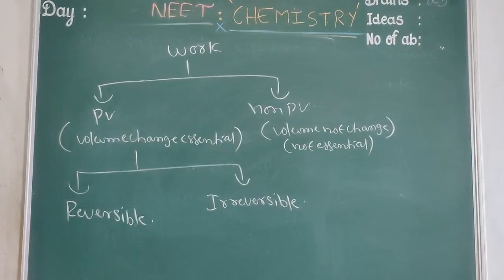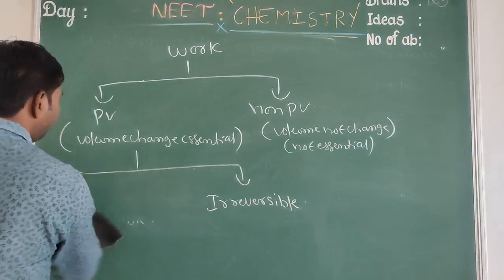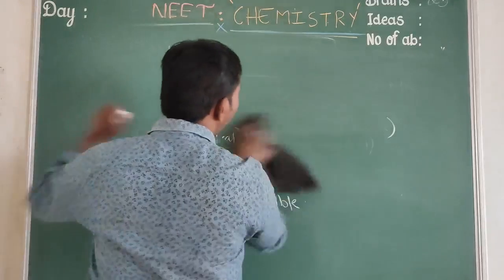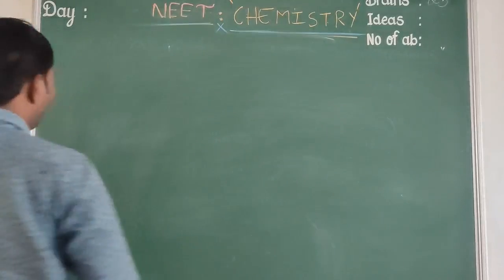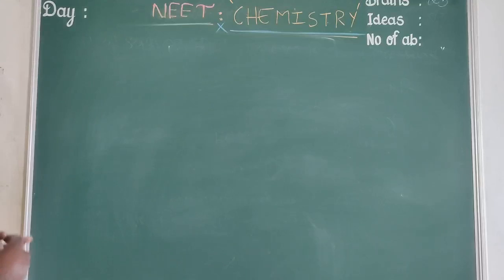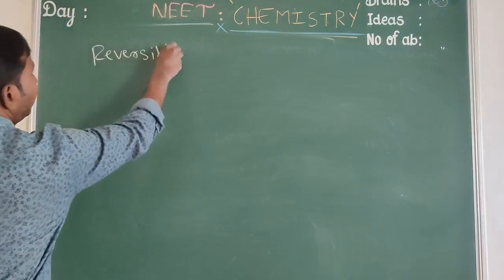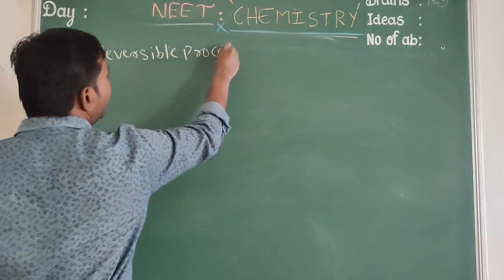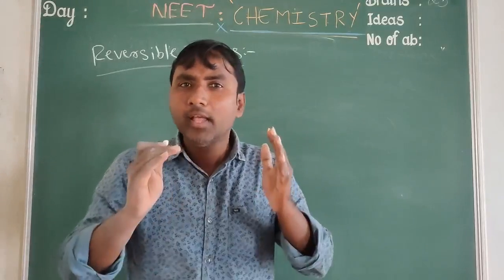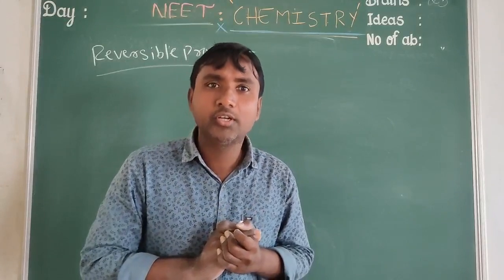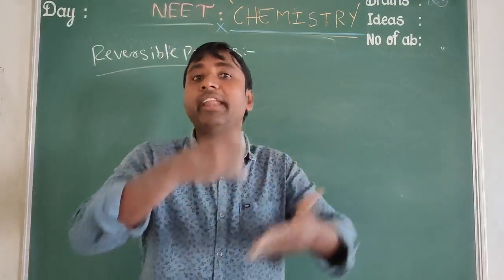So what is reversible and what is irreversible? We have to learn. First one, reversible process. Reversible process means the process in which any part of the system can be reversed.